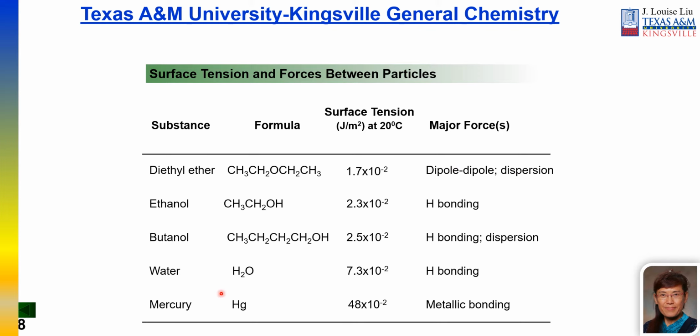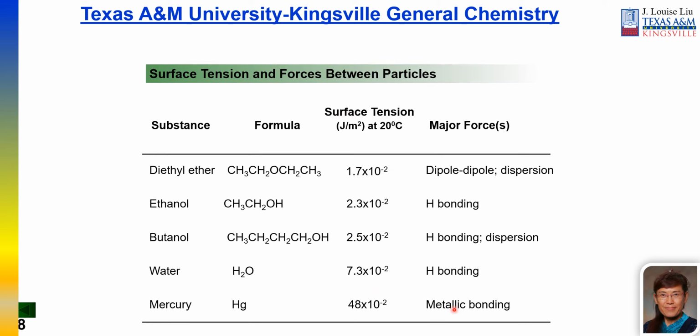You can see the surface tension between water molecule and water molecule is very strong, much higher, but in the same magnitude, 10 to negative 2 joules per meter squared, because of the hydrogen bond, which is weaker. If you have liquid mercury, this surface tension is very strong.